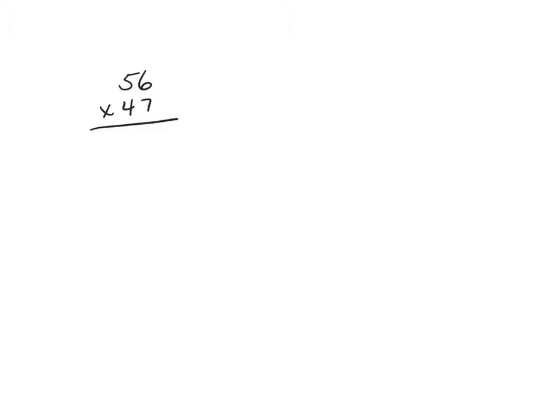It's when multiplying a multi-digit number by a multi-digit number that many people prefer the box method that I just talked about. But you can also do this problem, 56 times 47, the regular algorithm way. So let me go through and do that quickly again. First thing I'm going to do is pretend that the 4 is not there, and I'm just going to multiply 56 times 7. So I'm going to go 6 times 7, which is 42.